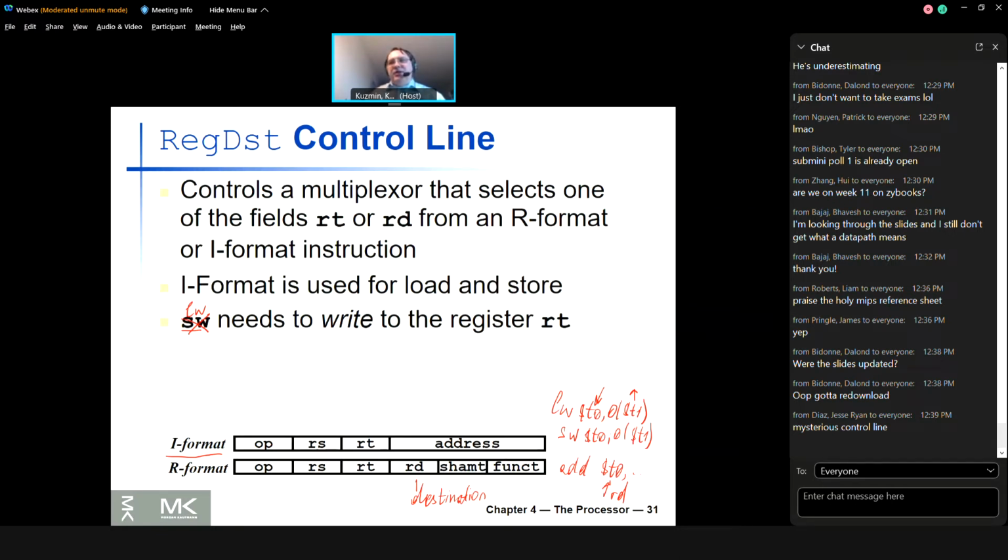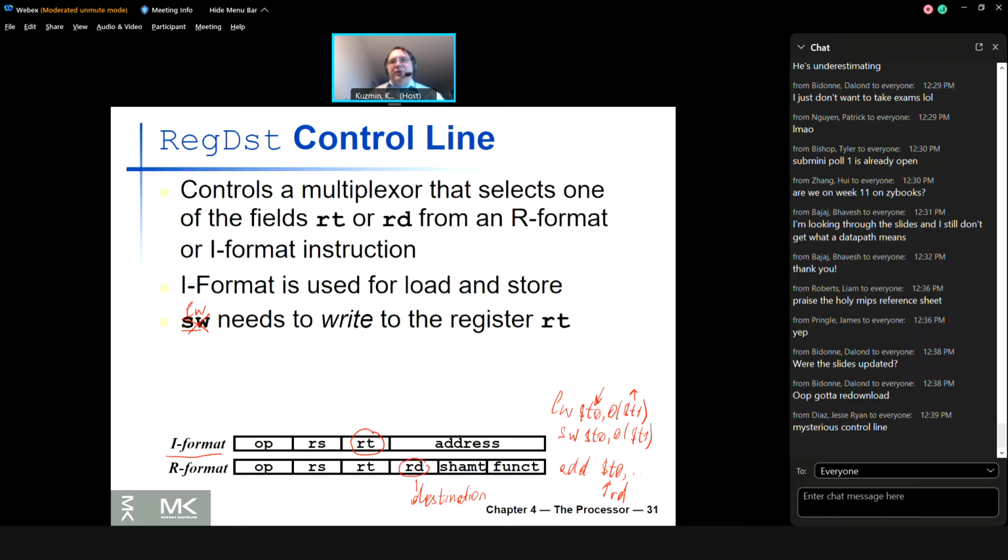From this, you can see that with I format instructions, we have a case where we need to write to one of the 2 registers, and that register would be RT. So in fact, we need to write to RT. And that makes things complicated across the board if we look at all the possible instructions that we need to implement, because we no longer can say we always write to RD.